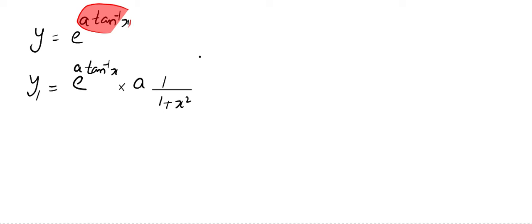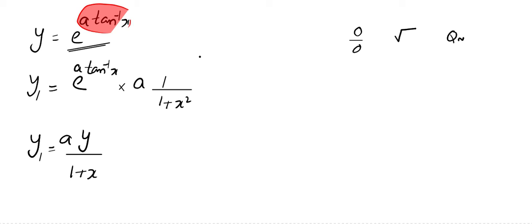Now look at this, we have to look out for three enemies: fraction, square root, and the given question might pop up. Here, the given question is e power. So I'm going to write this as y into a by 1 plus x square.